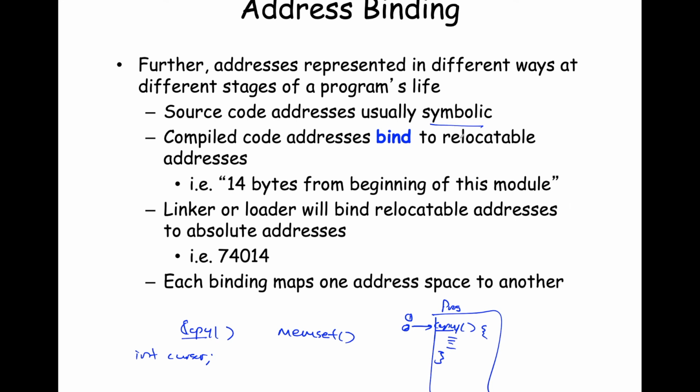Those are names. But when you compile your code through the compiler, one of the things that happens is that these names are bound, all the addresses or locations in your code are bound to so-called relocatable addresses. A relocatable address refers to all locations of instructions in your program. You can think of it as an address in your program.